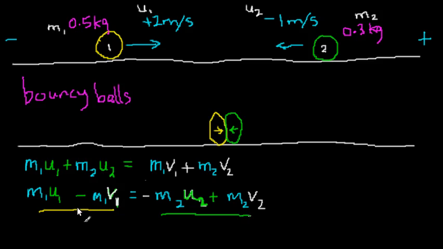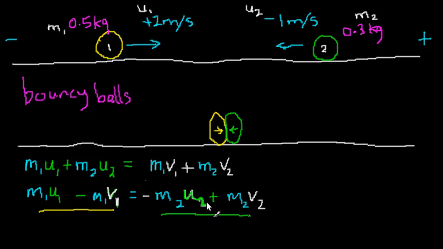Now, why am I doing this? If you look at this, say the left side for the yellow ball, I have the difference between the final momentum of the yellow ball, meaning after colliding, and the initial momentum before colliding. So, in other words, I have the change in momentum of the yellow ball on the left side.